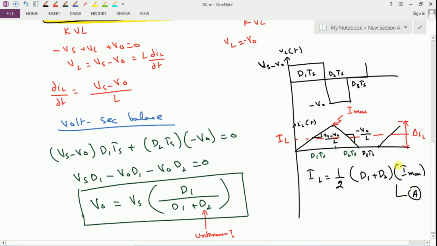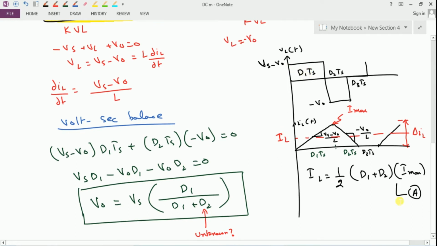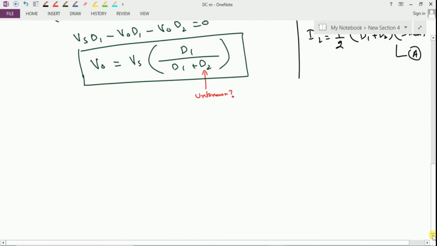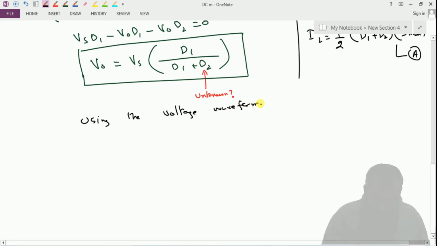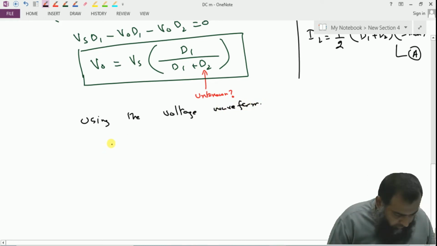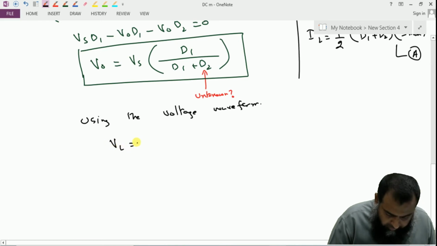Now using the voltage waveform, which is Vs minus V naught, we know that V_L is equal to L dI_L over dt.